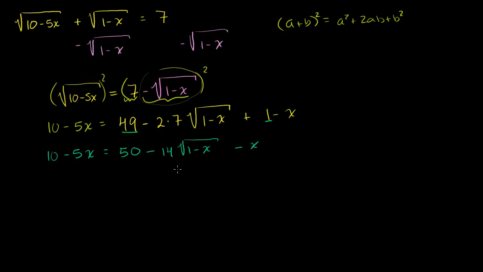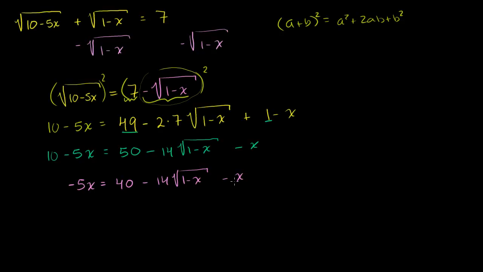Let's see what else we can do here. We can subtract 10 from both sides of this equation. I don't want to do too many steps at once because this is a slightly involved problem. So if you subtract 10 from both sides, you get negative 5x is equal to 40 minus 14 times the square root of 1 minus x minus x.